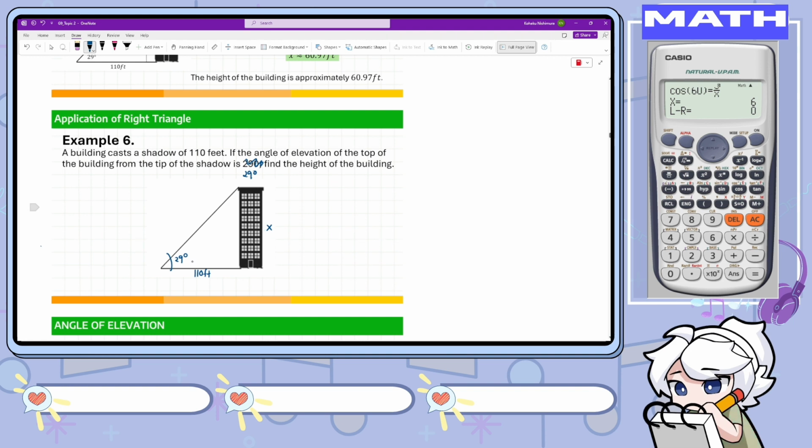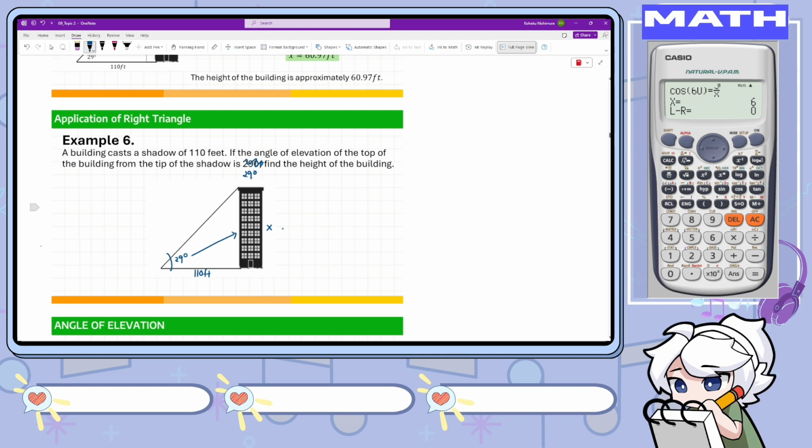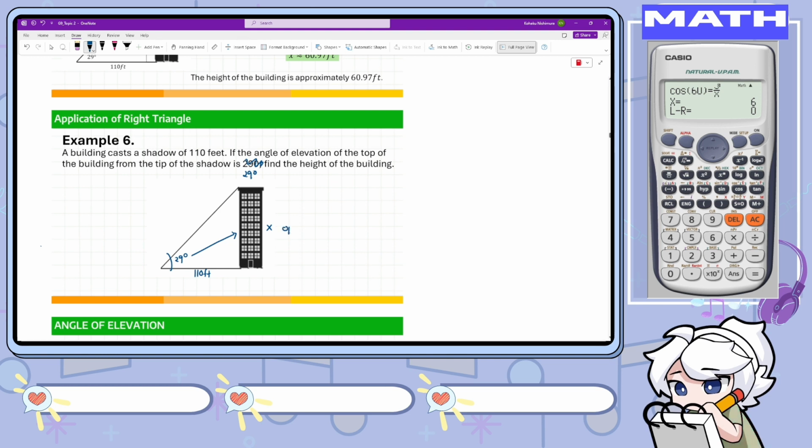Thus, with respect to 29, what is this side? It's opposite. With respect to 29, what is this side? You have adjacent. And you are going to use, there you go, tangent.